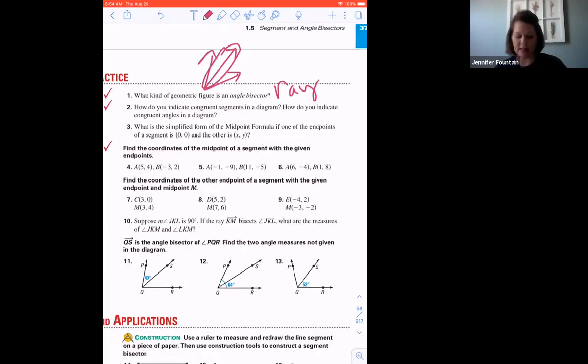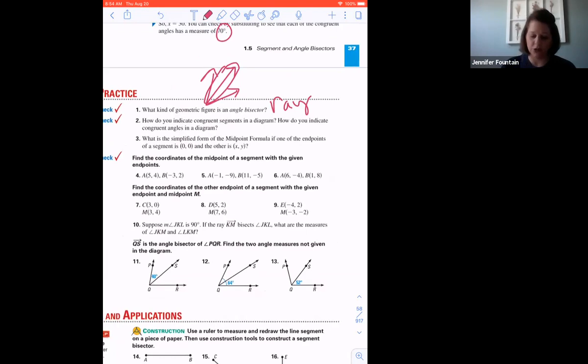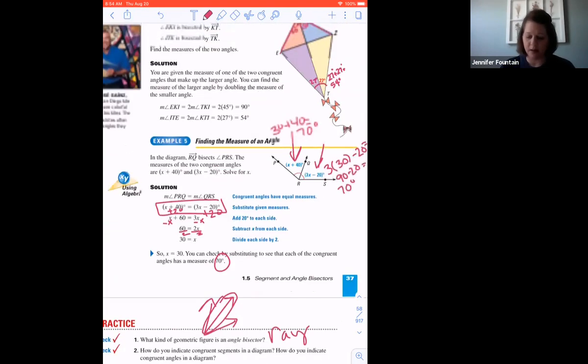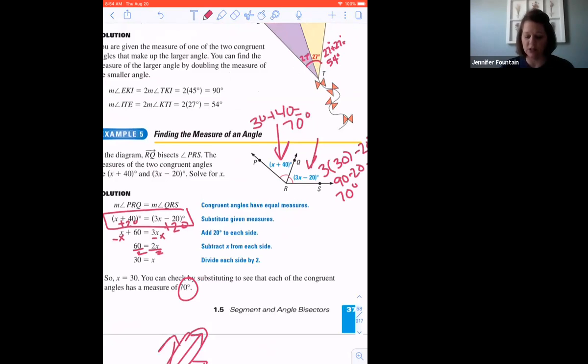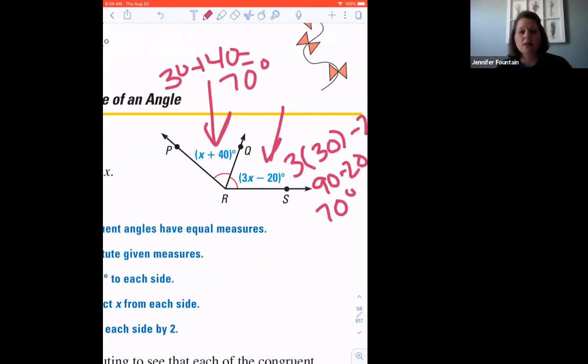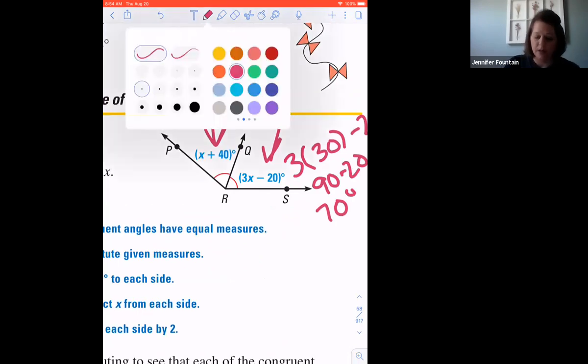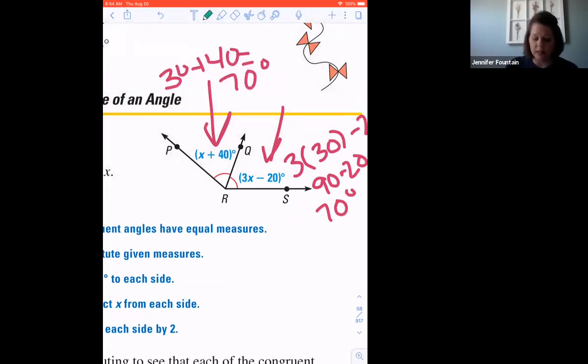Actually, let's go back to that because we really didn't talk about that much. Let me flip back. Let's look at example 5 that we just looked at. So if I am trying to determine that segments are congruent, I can use these little symbols right here. If I see that they are just one line and they've drawn it on the figure, that is an indicator to you that these two angles are the same measure.